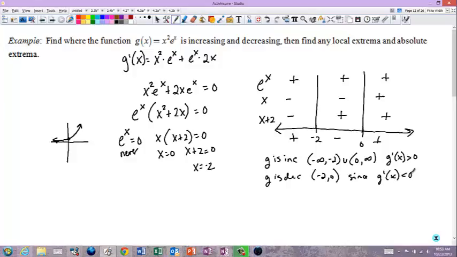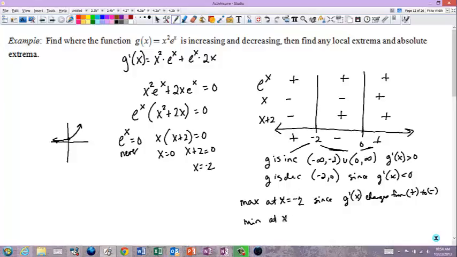It has a max at x equals negative 2, since g prime changes from positive to negative. It has a min at x equals 0, since g prime changes from negative to positive. And then we would need to actually go in and find our y values.